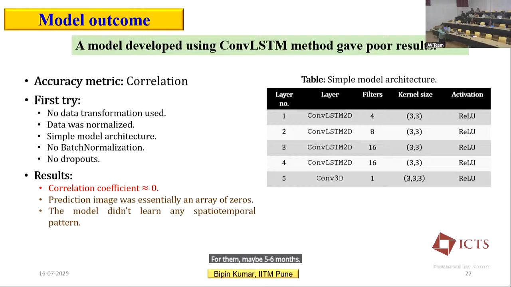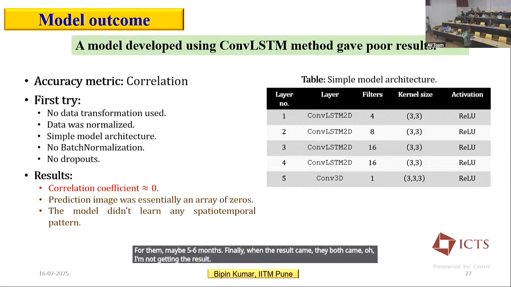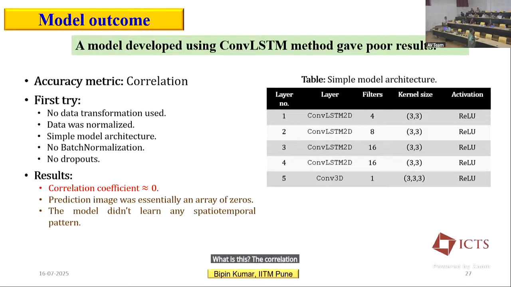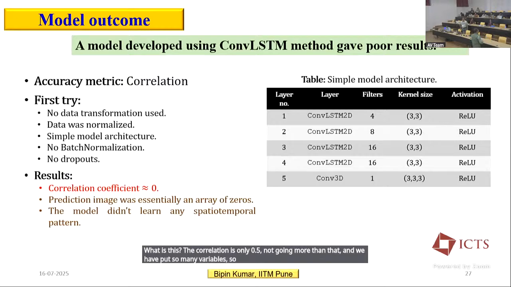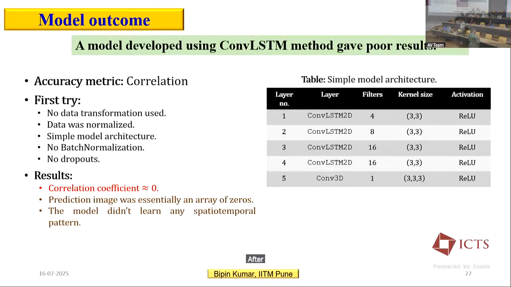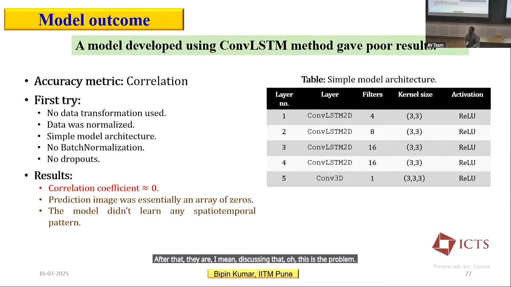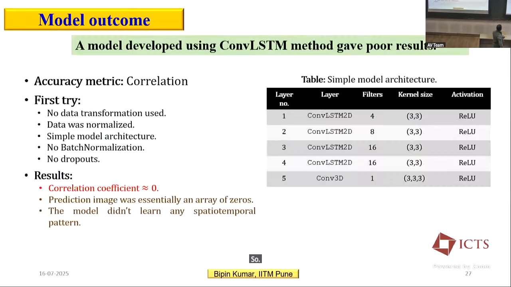Finally, when the result came, they both came and said, oh, I'm not getting the result. The correlation is only 0.5, not going more than that, and we have put in so many variables, so many heights and this and that. After that they discussed, oh, this is the problem. So that is what happened with this guy also.